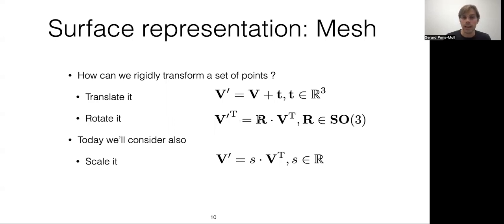You can take the rotation matrix and multiply it by V transpose. The matrix multiplication will do the operation that we want for us. The rotation will multiply each of the entries of the matrix, which are the points, and we will obtain a matrix of rotated points. We can scale it. We can just multiply each entry of the matrix by a scalar.